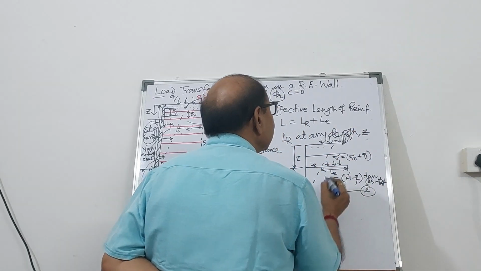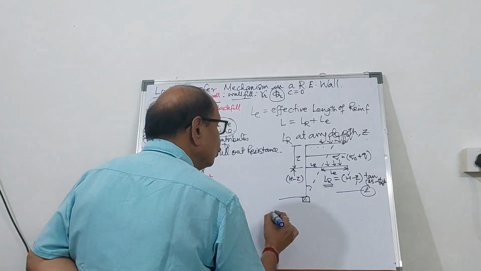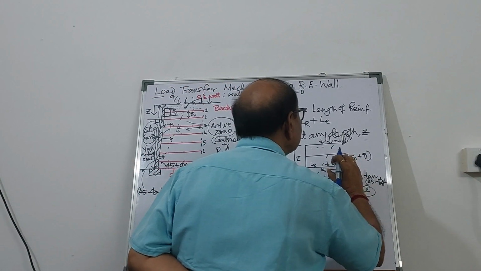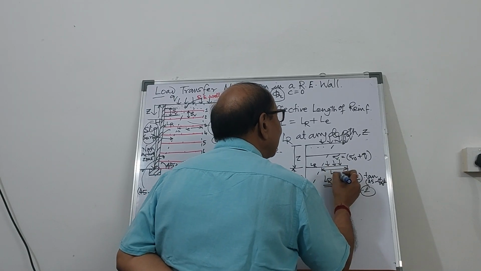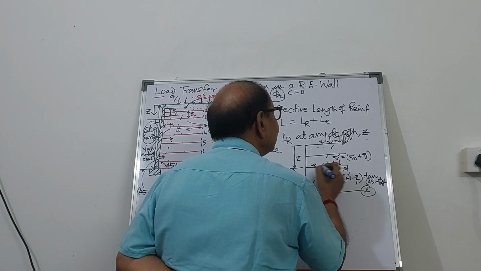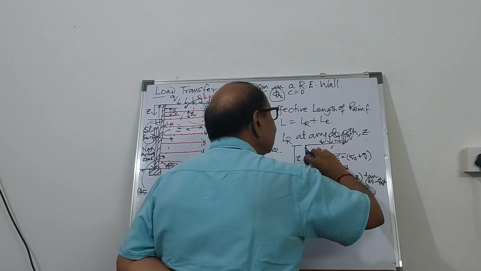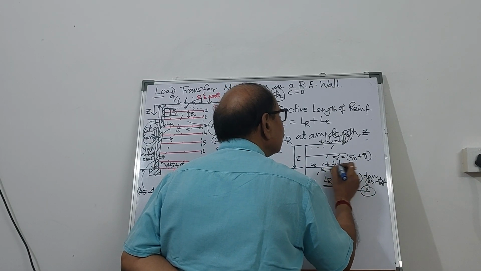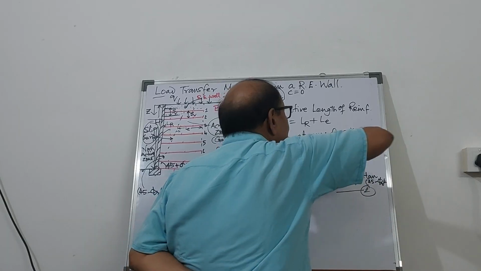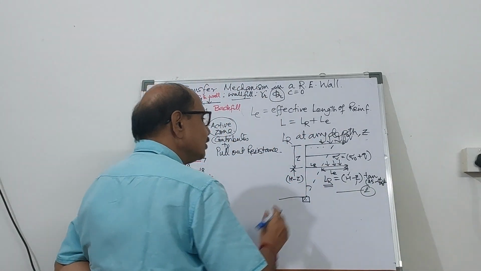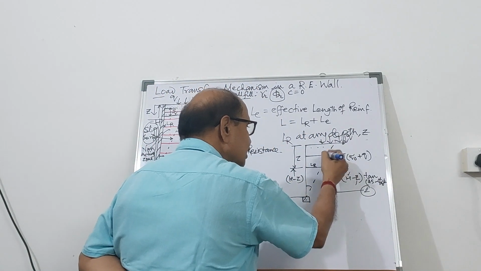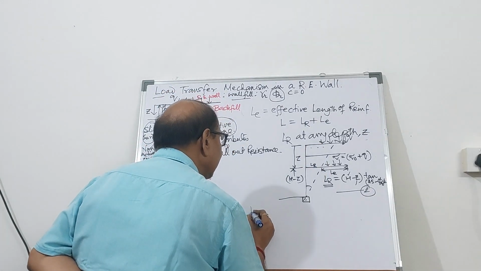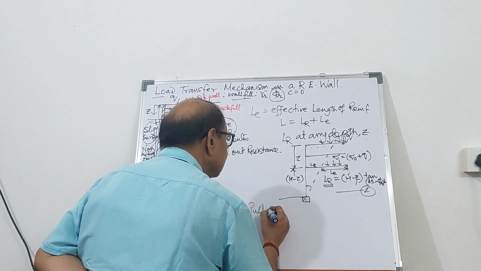Now, the LE value can be found out from pull-out resistance. The pull-out resistance will be offered by this. The tension is getting developed and the pull-out resistance will be offered by this length. So this will offer a pull-out resistance due to this vertical pressure. So the pull-out resistance is very important.